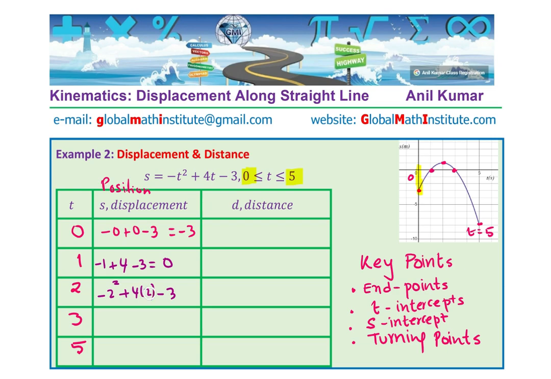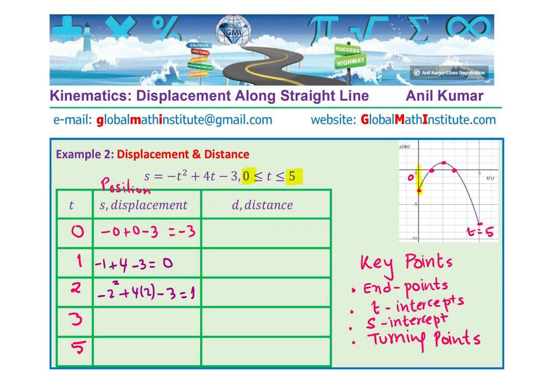So 4 times 2 is 8, and from this we have to take away 5. Minus 2 squared is 4, and this is 7, and so that gives us the value of 1, correct?